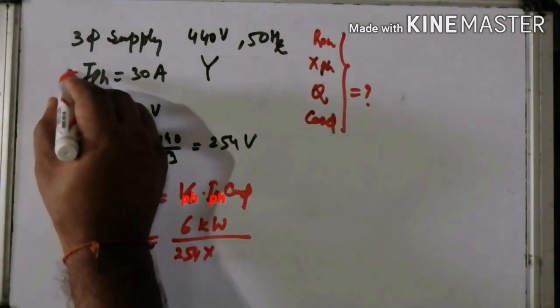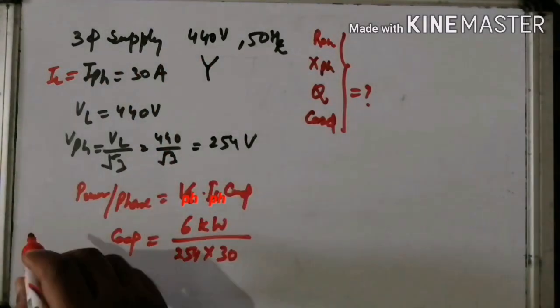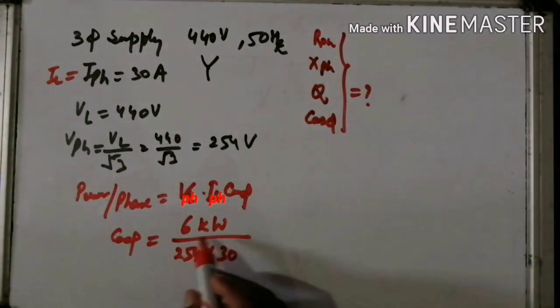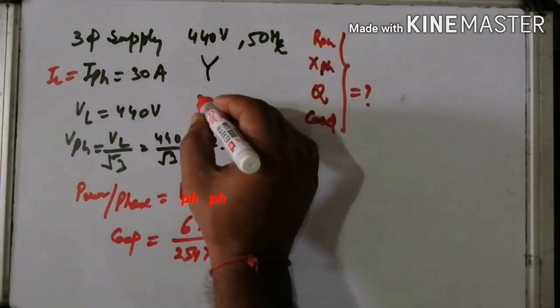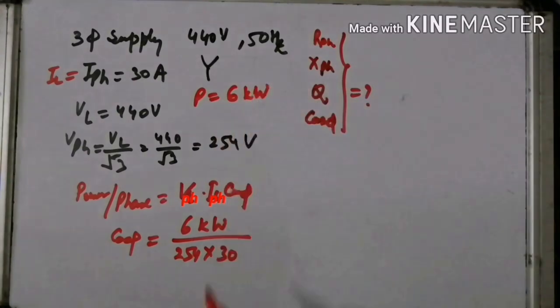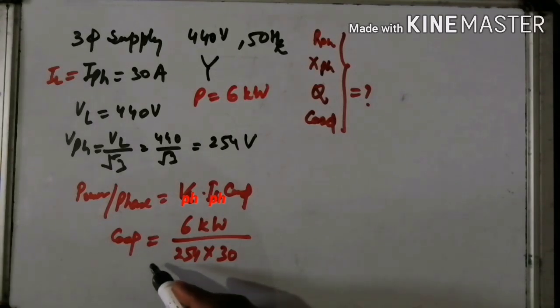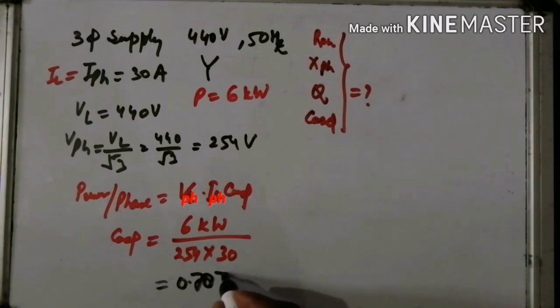So in the place of IPH it is 30, and this one is the power which is given by the wattmeter. So power is given over here, 6 kilowatt. After the calculation, cos phi is 0.787.